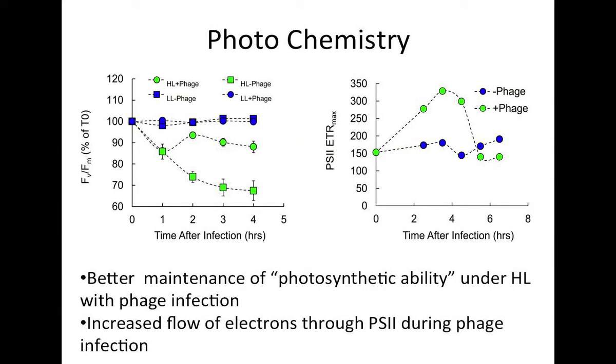So this is a measure of the photosynthetic capability of the cell. It's the variable fluorescence divided by the maximal fluorescence, and it's a good indication of how healthy a photosynthetic organism is.